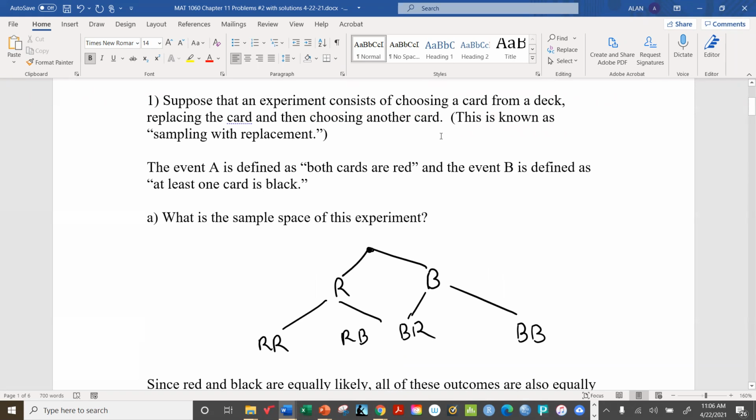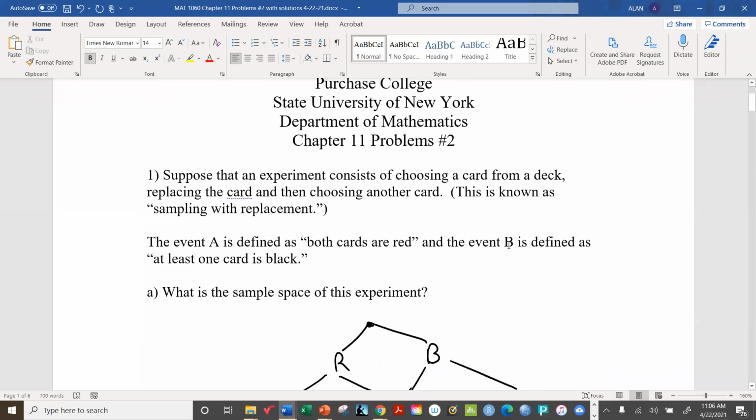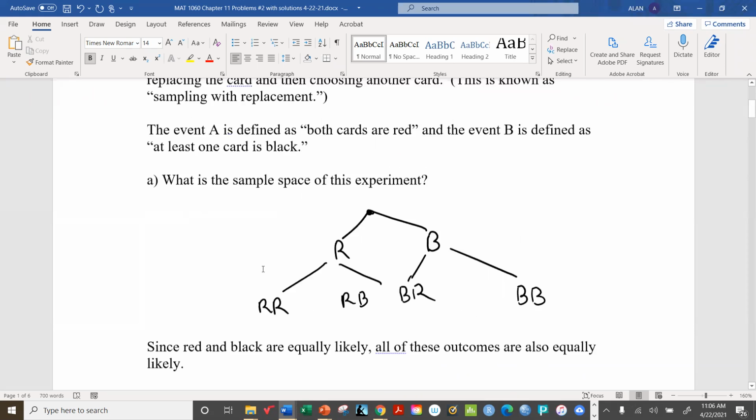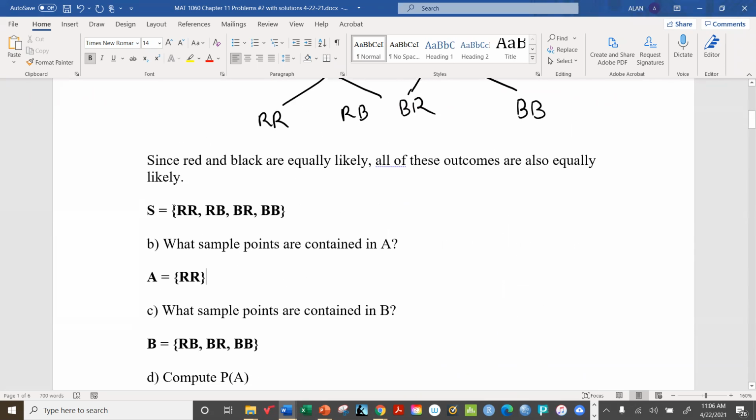Let's see, where is it? Yes, it's up here somewhere. There it is. B is defined as the event that at least one card is black, which means this is out, but these other 3 all belong to set B because they all have at least one black. So we can write this out as RB, BR, and BB.